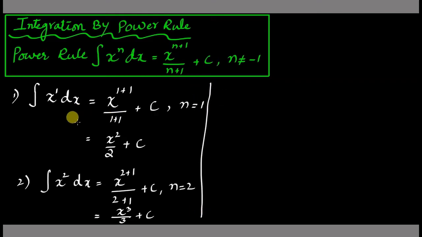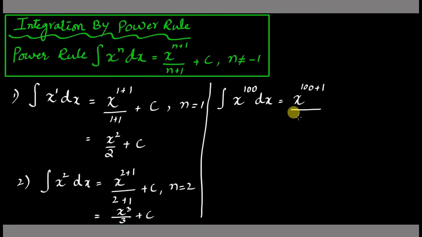Now similarly, you can take any positive integer value that can be replaced with n. For instance, if you take x raised to power 100, no matter what the number is, it could be any positive integer. You will apply the power rule in the same manner.